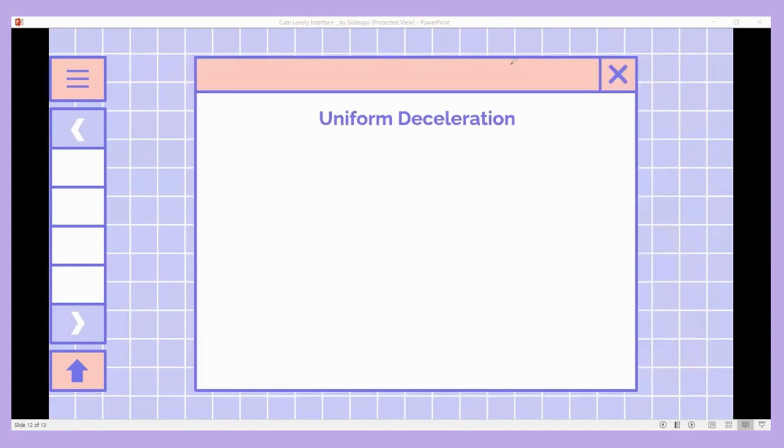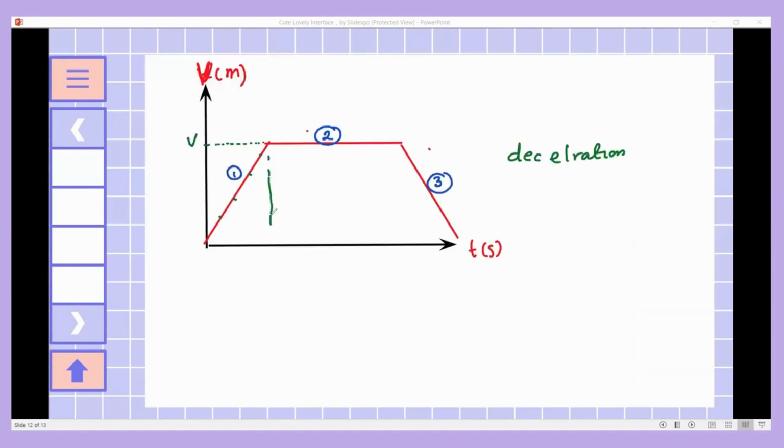And if this is the VT graph, in case the question is to find the velocity of the object at the 5th second, we can directly read the velocity at the 5th second. If the question is to find the acceleration at the 5th second, we can go for the gradient. And if the question is to find the distance traveled within the first 5 seconds, we have to get the area of this triangle.